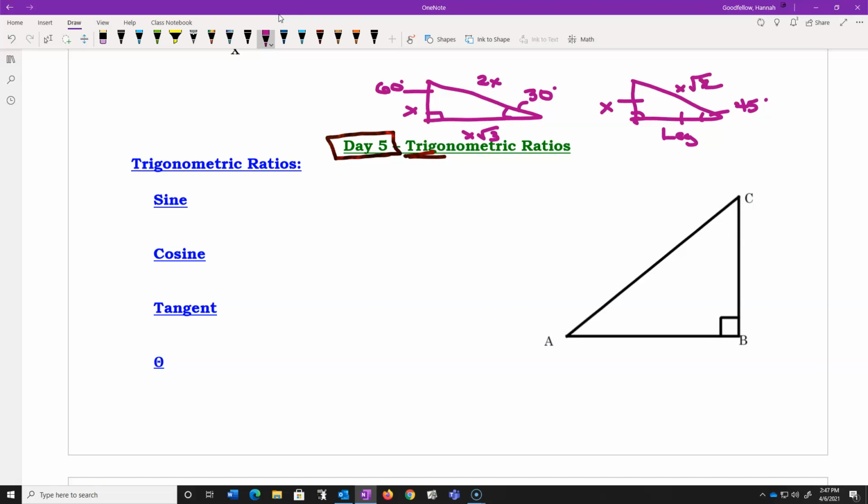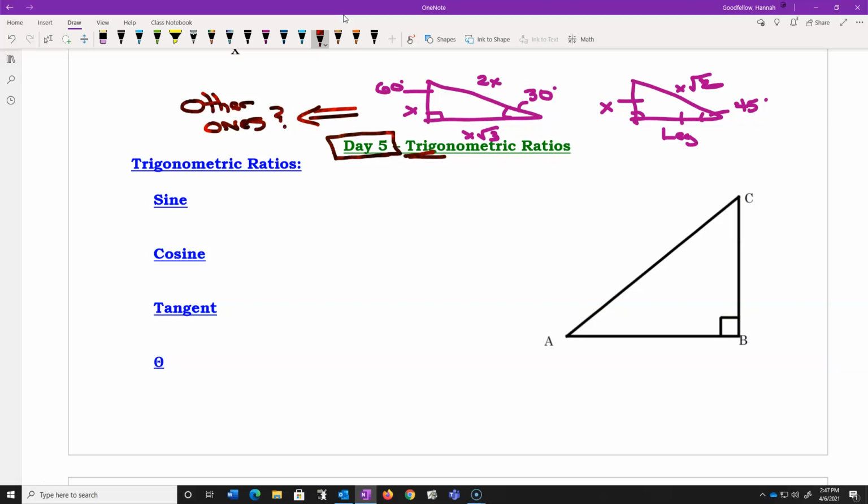Now, here's my point in talking about these 2 that you've already learned. This is only 2 triangles that you've ever learned. My question is, what about all the other ones? What I mean by the other ones are, what would you do in a situation when you had to do a 59-degree angle?